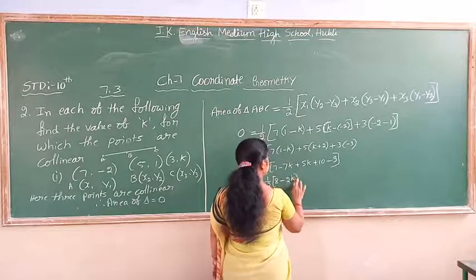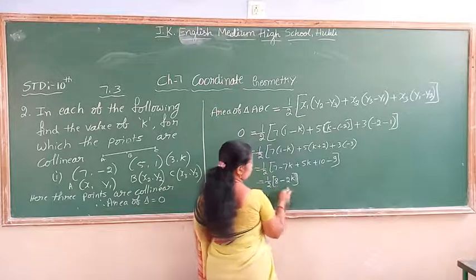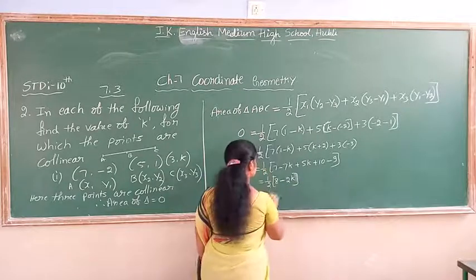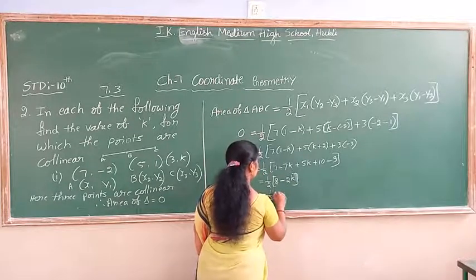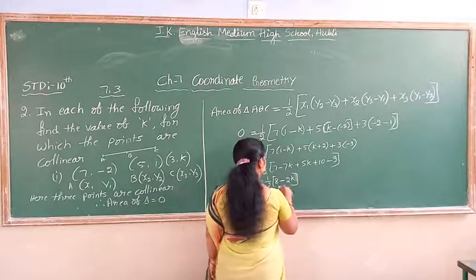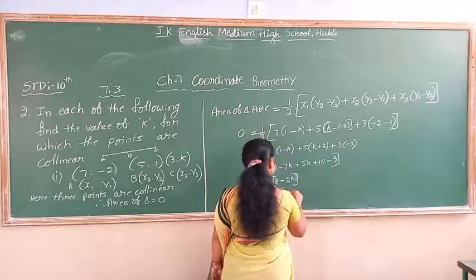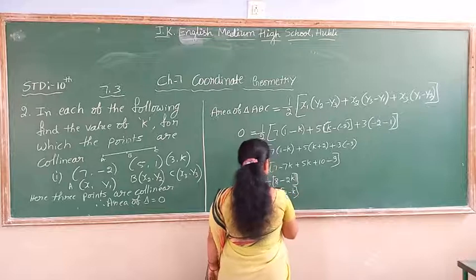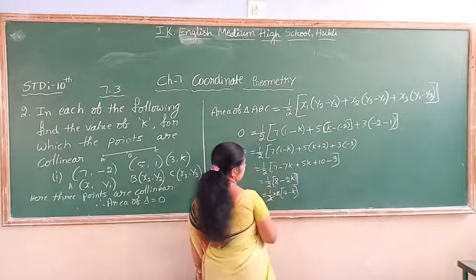So now I can take 2 common. If I take 2 common out of these, then 2 fours are 8, and k comes. The 2 gets cancelled. It will be 0 here.